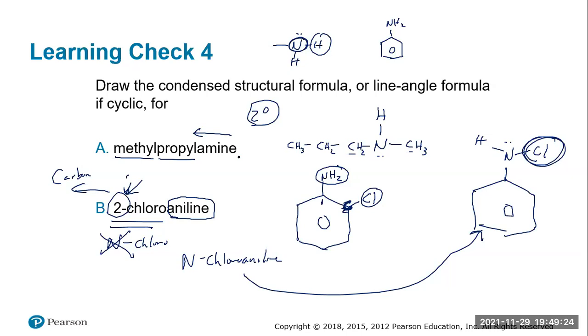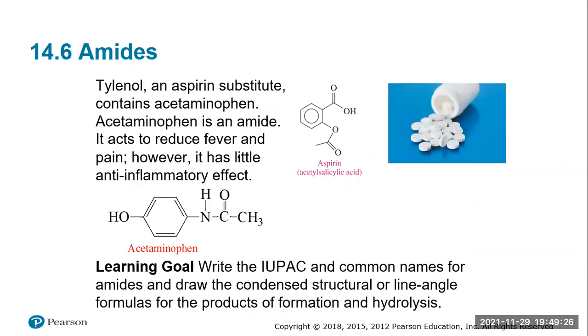All right, the last group is amides, and this is the final functional group in organic chemistry that we're going to talk about, and the final one that has nitrogen in it. It is similar to a carboxylic acid, except that it actually has an amine group attached to it.